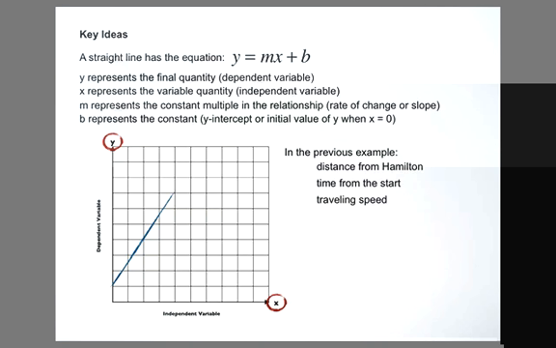The traveling speed was our rate of change, m, which is represented by our rise over our run, how we calculate our slope. Rise over run in this situation is distance over time, so kilometers per hour. And the initial distance from Hamilton is b, our y-intercept, which we see on the graph where the line crosses the y-axis.